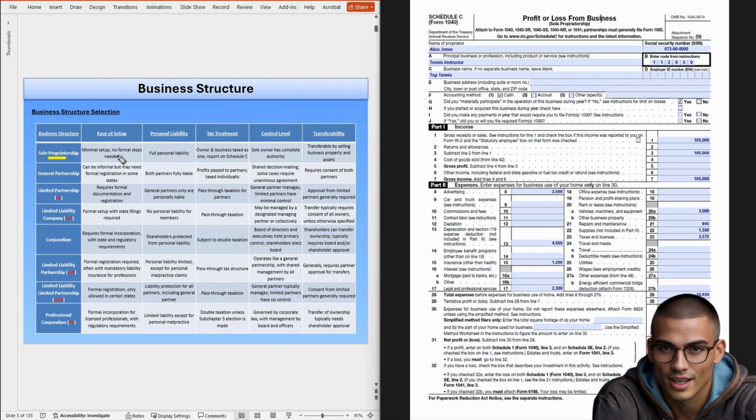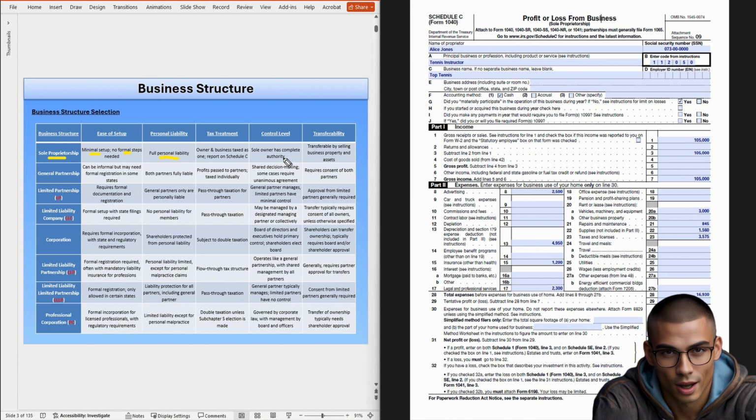There's no state filing requirements, so Alice doesn't have to file anything with the state saying I'm starting my sole proprietorship. She can just start it, and then she would file her Schedule C. There's no legal separation between Alice and her personal assets. So whatever Alice's personal assets and the assets of the business are, they're commingled together.